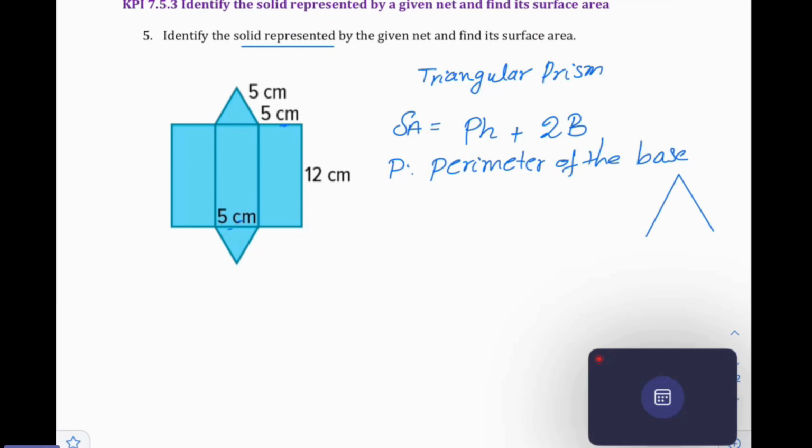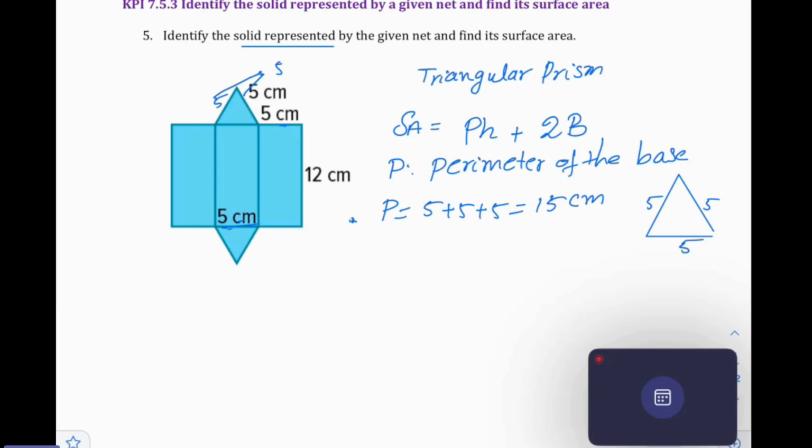Our base is a triangle, and fortunately, it's an equilateral triangle. But they missed writing this side, but this is 5 and this is 5. They should put 5 here. So if this is 5 and this is 5 and this side is also 5, the perimeter is the sum of all the sides. So our perimeter is 5 plus 5 plus 5, which is 15 centimeters.